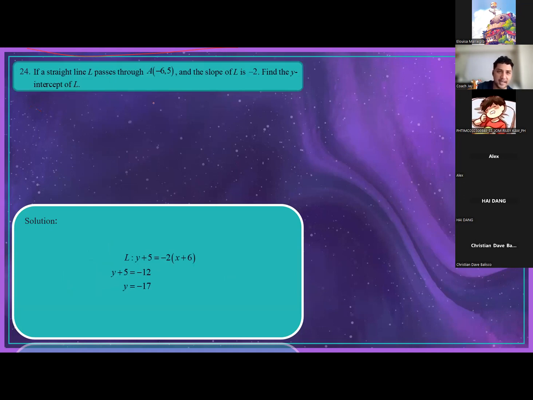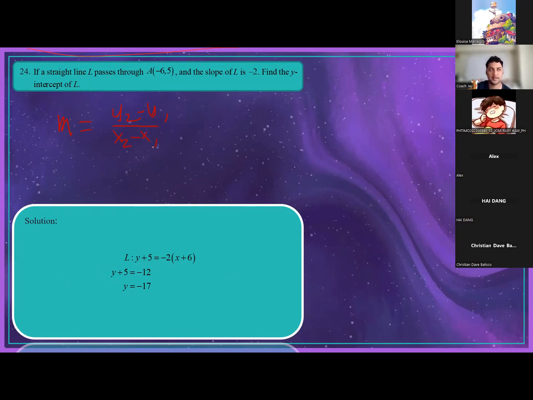Number 24. If a straight line L passes through point A with coordinates (-6, 5) and the slope of L is -2, find the y-intercept of L. This is just the point-slope form. We have m equal to (y2 minus y1) over (x2 minus x1).